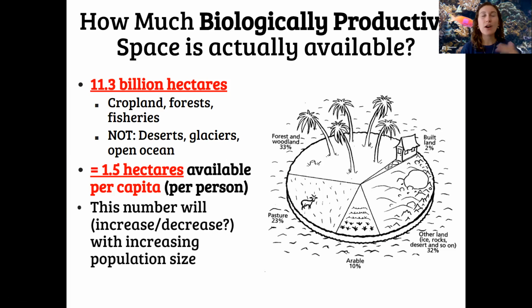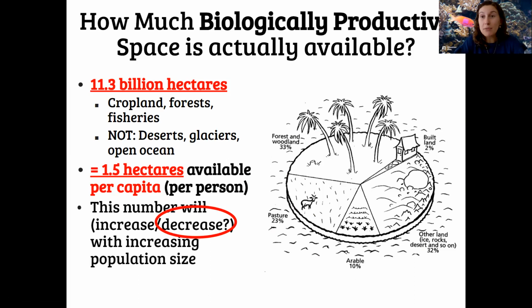We talked last week about how our world's population has doubled over the past 50 years. As our population increases, the number of hectares of arable land actually available per person is going to decrease, because we're having to divide it between more and more people.